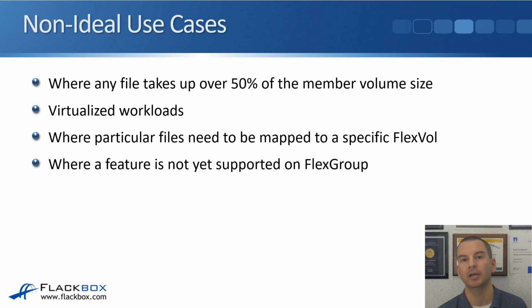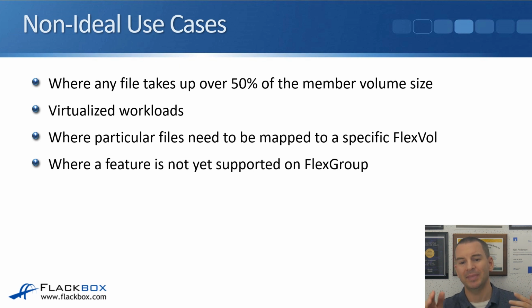Now, while I'm talking about this, I mentioned earlier that on ingest, so as the files are coming in, they're going to be automatically load balanced across all of the member volumes, and those member volumes are spread across the different aggregates. So hopefully it's obvious you want those aggregates to have the same performance characteristics. You don't want one of them to be on SSDs and another one on HDDs.